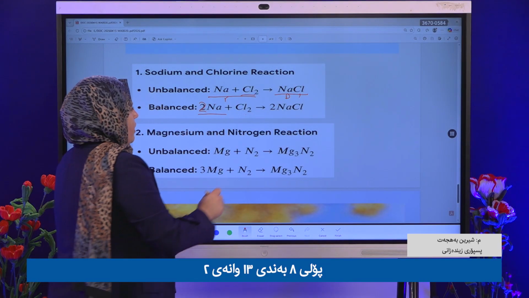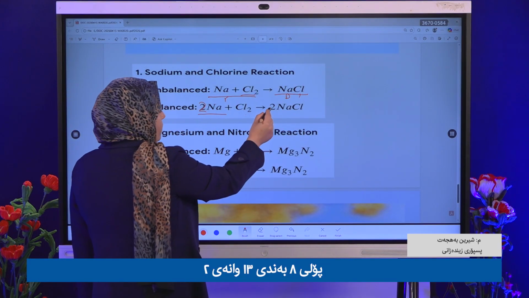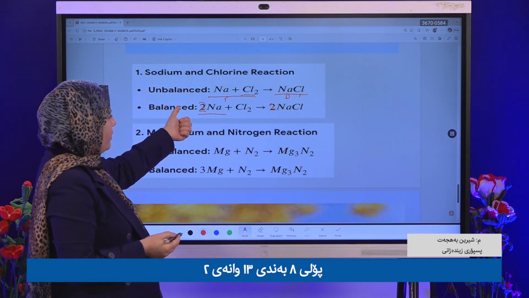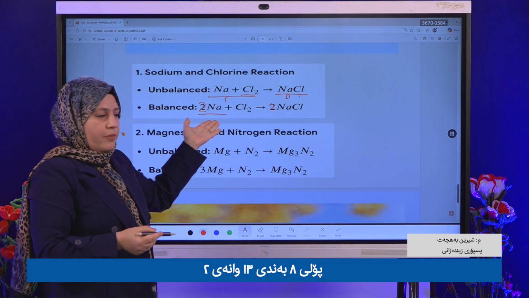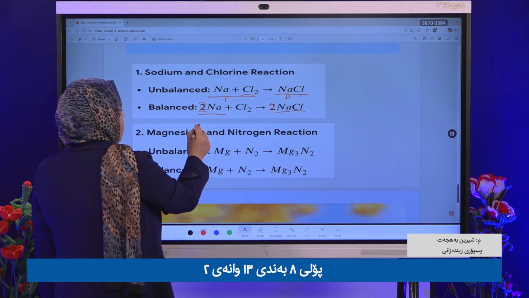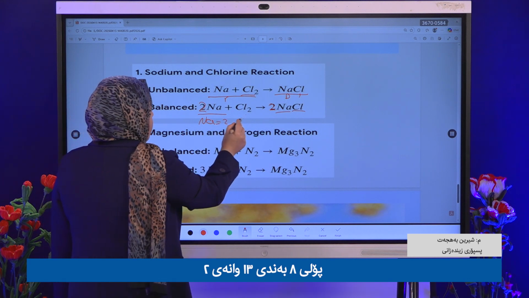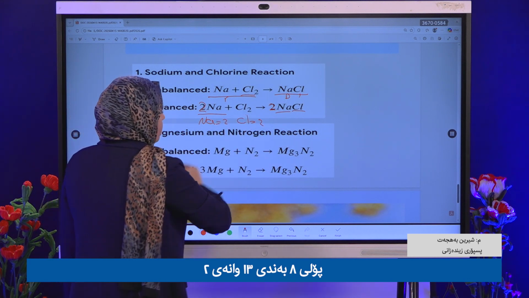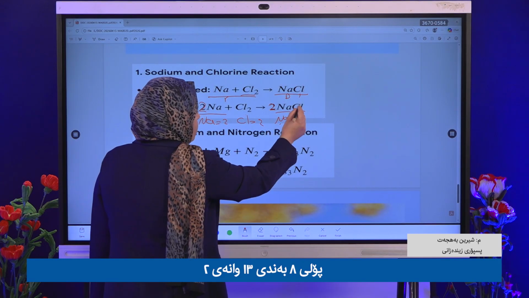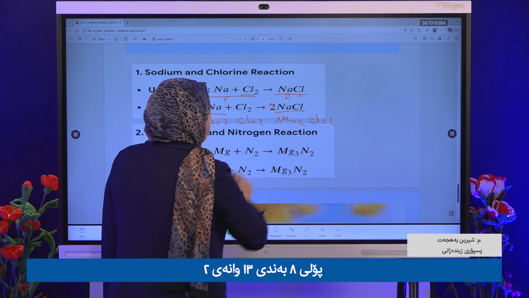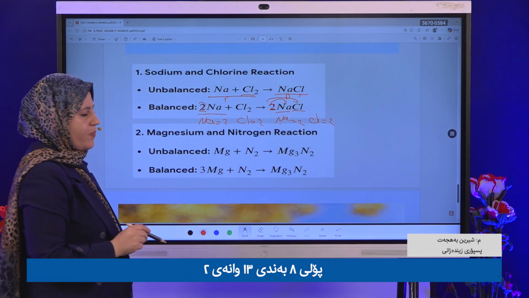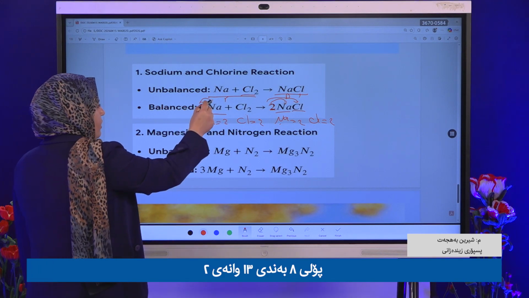And we also add 2 in the product, to balance the number of sodium atoms. So Na is now 2, and Cl is 2, and on the other side Na equals 2 and Cl equals 2, because the coefficient applies to everything. Clear?